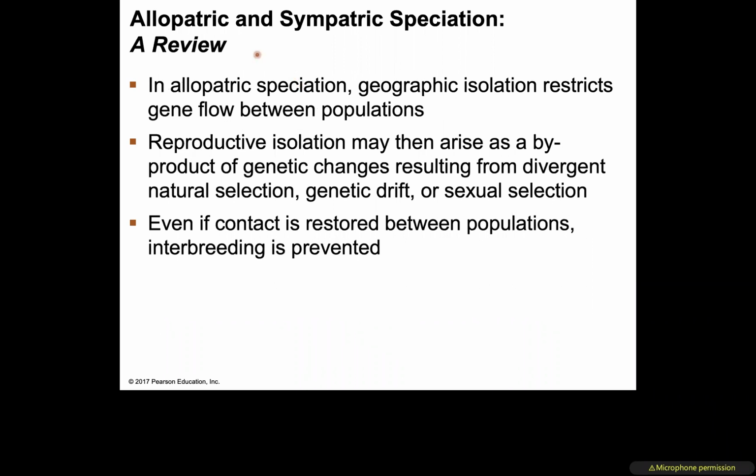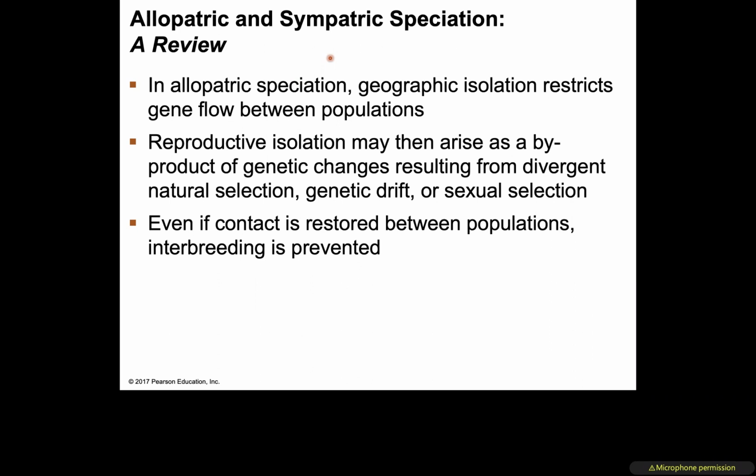So a review of your allopatric and your sympatric speciation. In allopatric speciation, geographic isolation is going to restrict gene flow between the populations. Reproductive isolation could then arise.